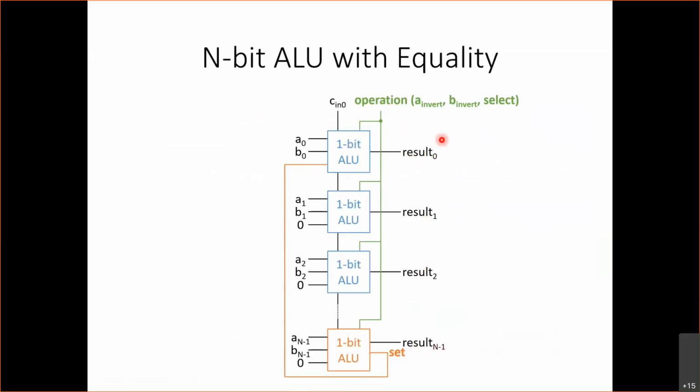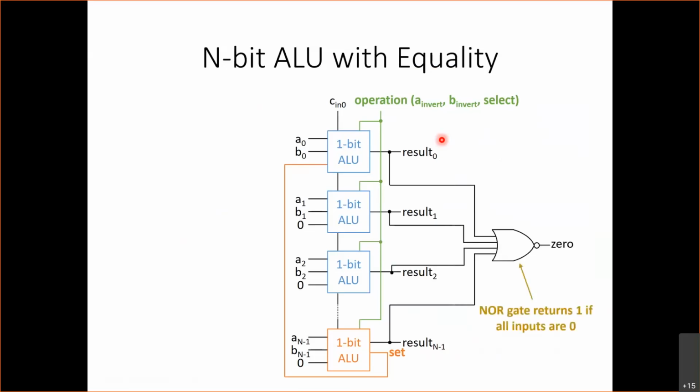Now, what logic gate gives me 1 if all the inputs are 0? Who remembers? NOR, exactly. So I'm going to pass all the inputs to a NOR gate, and the output of the NOR gate is going to be a 1-bit flag that tells me if my result is 0 or not 0.